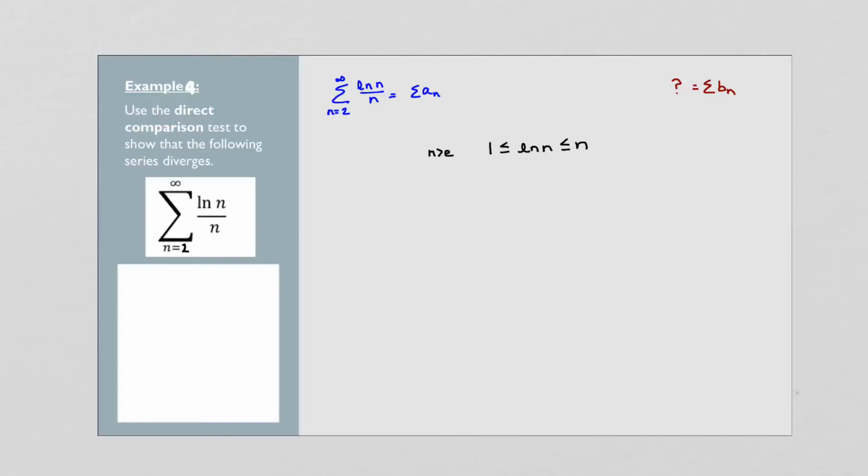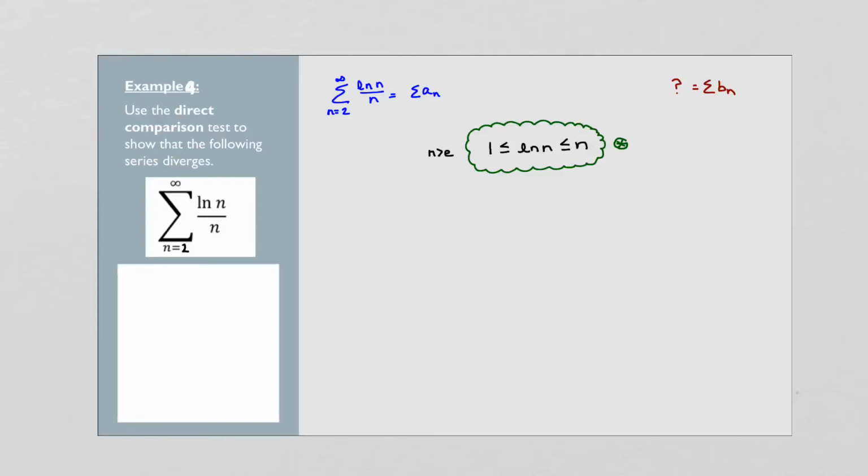This is a true statement, and in fact, this is one of those things that you want to commit to your memory. Keep it somewhere in your notes. This is a statement that you often use when you're looking at the direct comparison test that compares series that involve a natural logarithm. So write this down, keep this in mind, and this is a true fact.